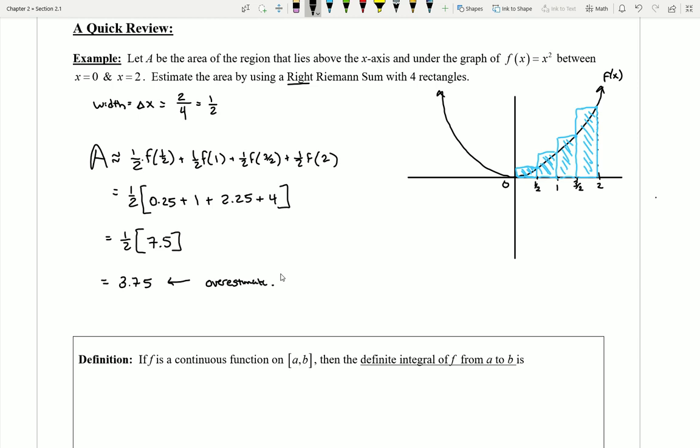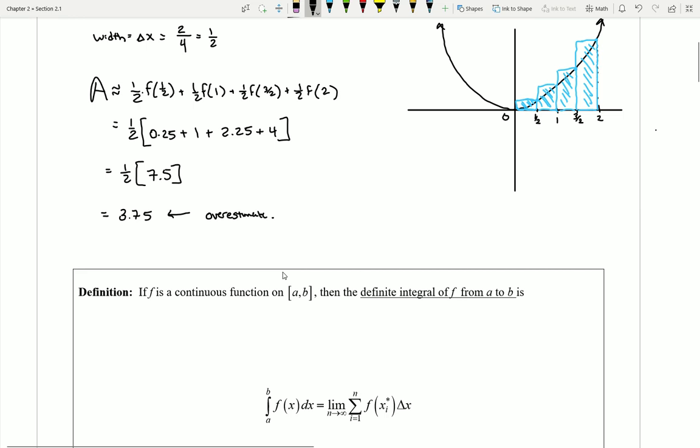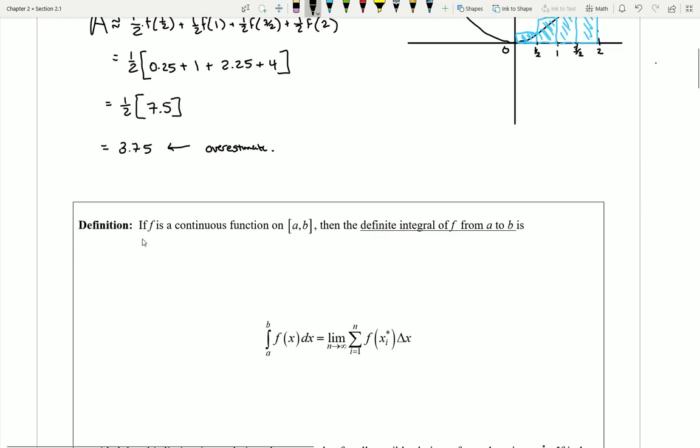So understanding how this sort of estimation process was done in Calc 1 is really important because it helps us again understand the definition of a definite integral. Remember that we had this definition of a definite integral back in Calc 1.